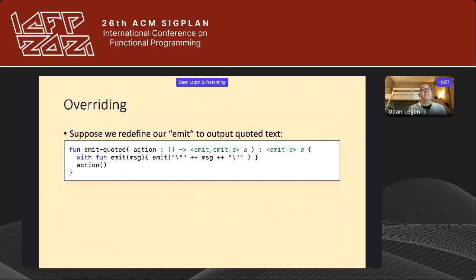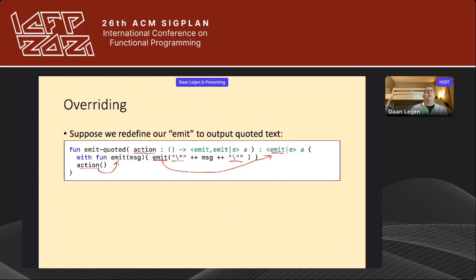So here's overriding. Suppose we want to override the emit effect. Suppose I have some action, and I may already be myself in an emit, but I'm going to override it for action to always put quotes around it. So this emit here will call its innermost handler, which will be provided by someone else, but all of action's emits will go here, right?